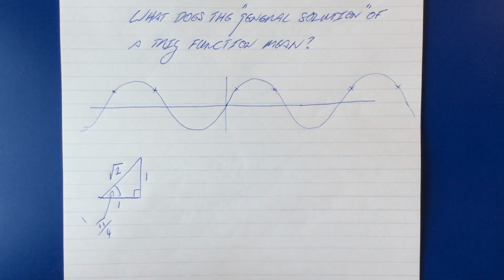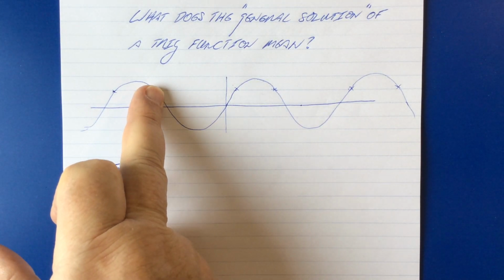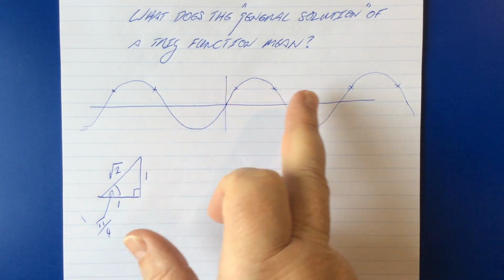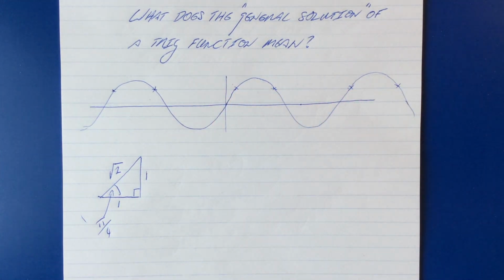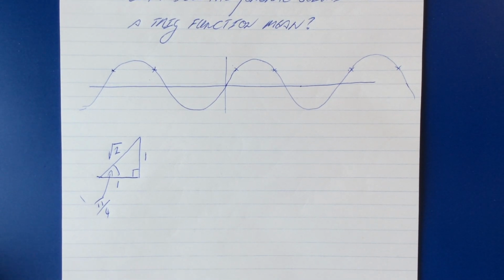And it does so continuously. And there are predictable gaps between here and here, and here and here. And what a general solution sets out to do is it sets out to describe those gaps and a starting point. So let's try an example.